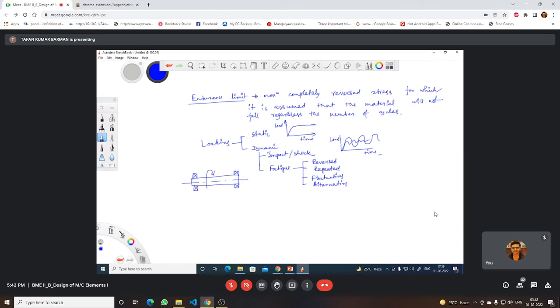Secondly, if we increase the dimension of the component, the probability of having defects in the material will increase.